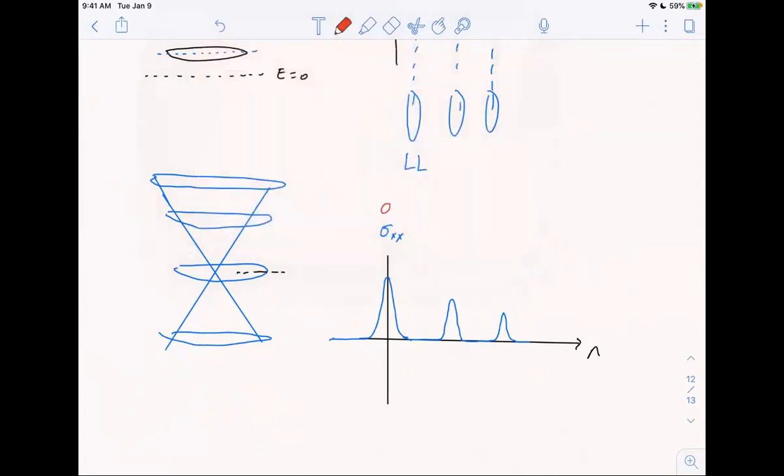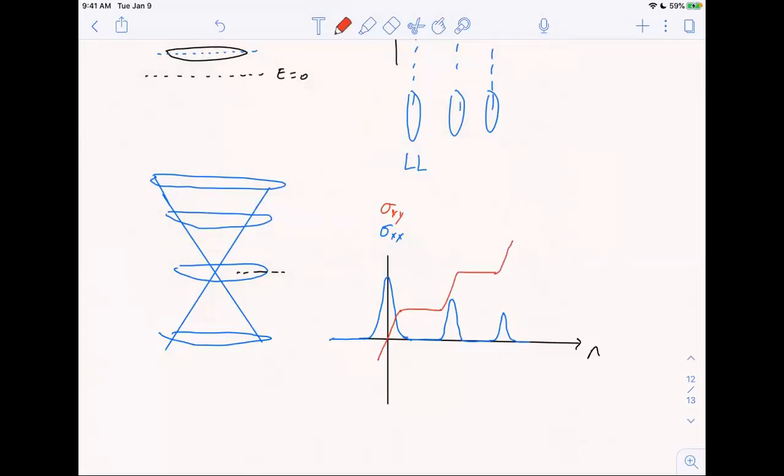And then sigma xy, once you are inside the Landau level, you're increasing and you're increasing. Then once you are off the Landau level, when you are in the gap, you see a plateau. And then you increase again, then you see a plateau.